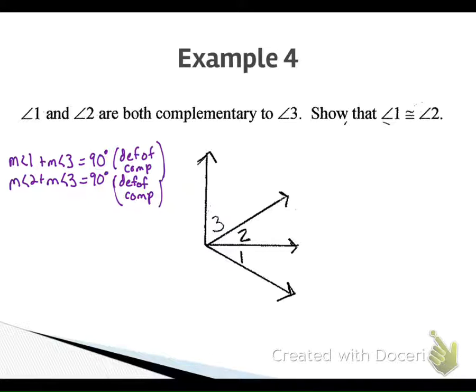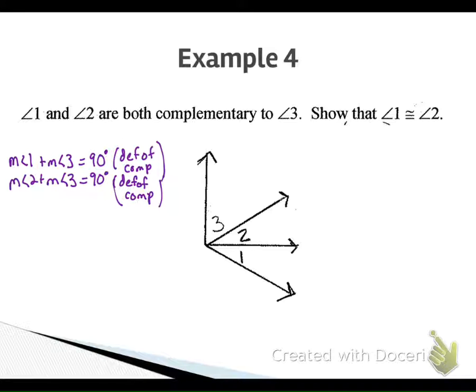So it's important to put that justification off to the side so I know that you know how you're using it. At this point, our ultimate goal is to show that these two angles are congruent. We need to get rid of that angle 3 and the 90 degrees. Our easiest way of doing that is setting those two equations equal to each other.